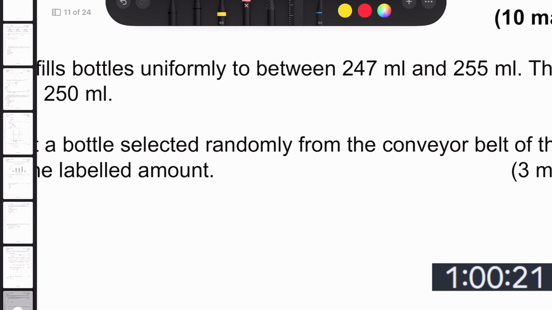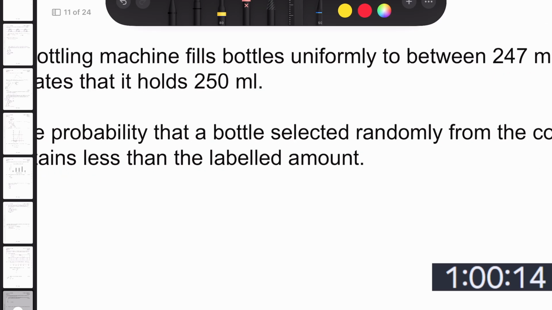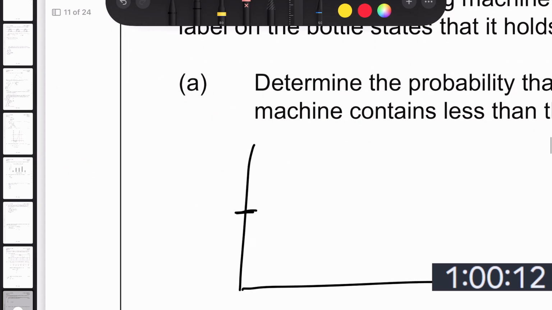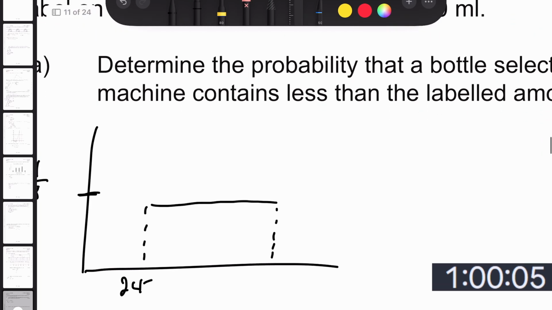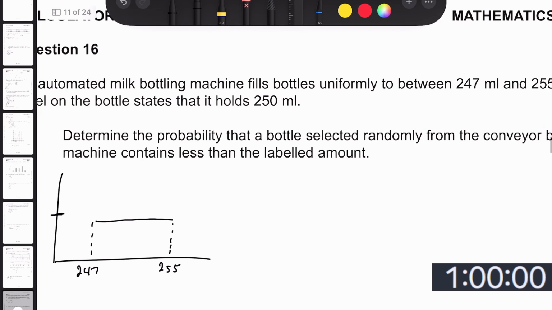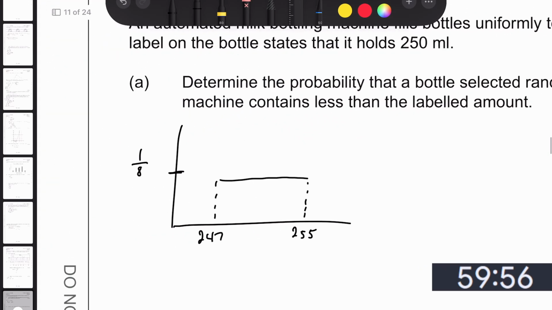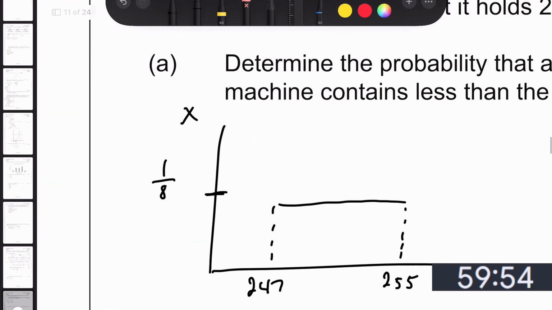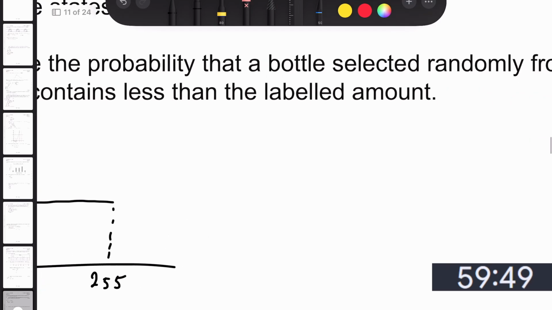I don't know how to explain this. So then there's 8 milliliters difference there, so the height here is 1 on 8, something like this, and then we go from 247 to 255. The bottle contains less than the labeled amount. Let's say the labeled amount is X, and this is little x.